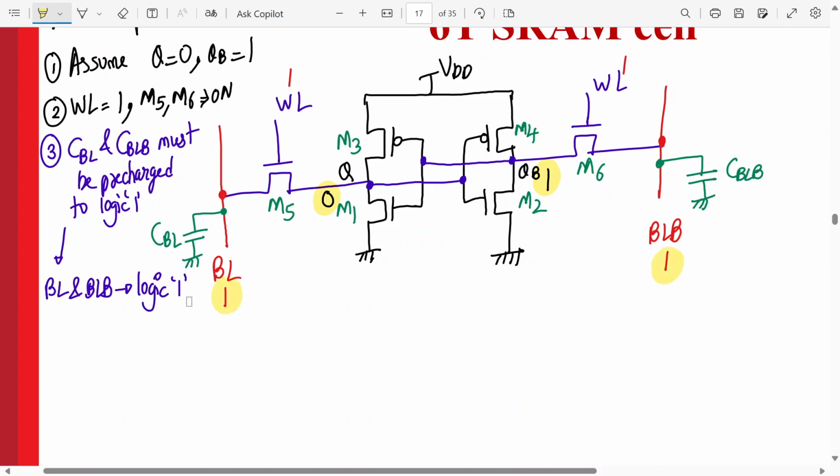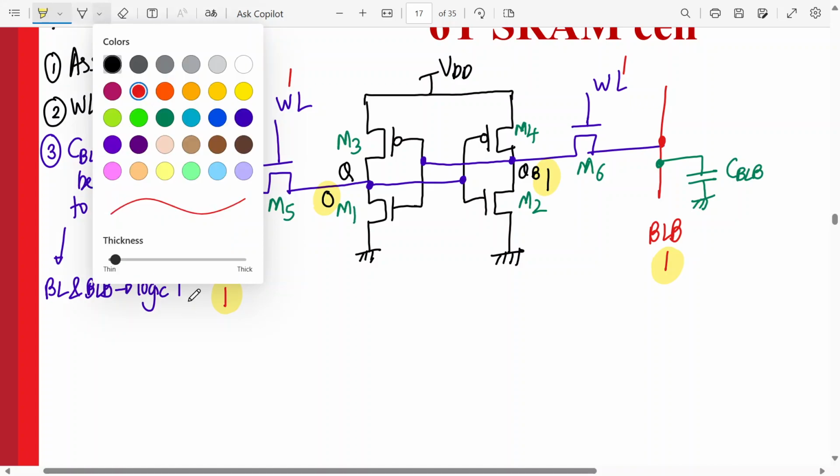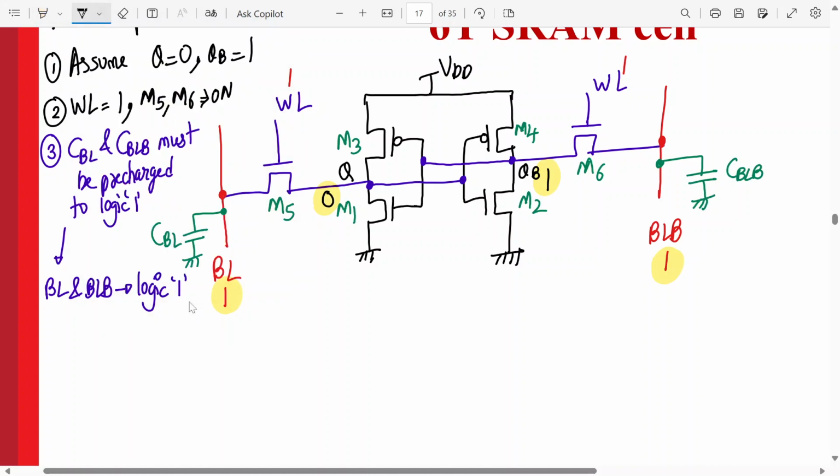Now tell me what will happen. If Q is 0, come on, be interactive please. Node Q, the storage node Q, is storing 0. So what will happen? Which transistor over here, M3 or M1, will be on?